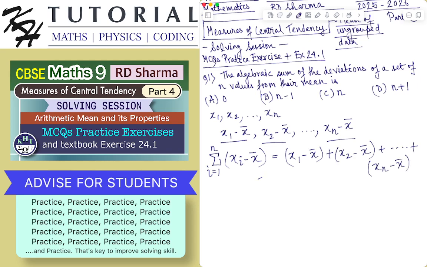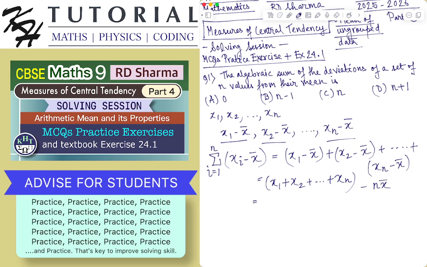Now if I group all the observations, I have x1 plus x2 up to xn, and from each observation the mean has been subtracted. So if I collect all the means, I will have n times the mean, so I have n x bar.